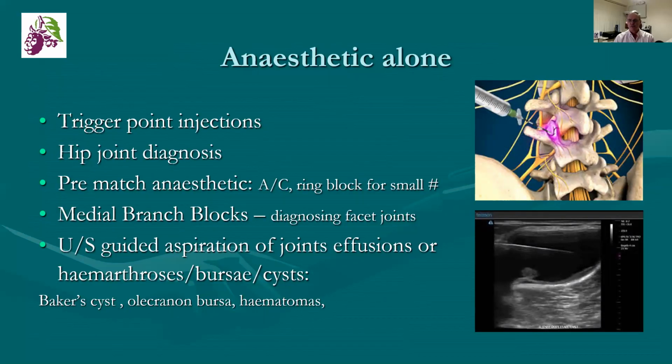Medial branch blocks, as in the higher diagram here, showing a needle numbing the medial branch of the posterior primary ramus, which supplies the facet joint with pain sensation. If anaesthetic can numb the pain for a few hours, then that nerve may be amenable to radiofrequency denervation.